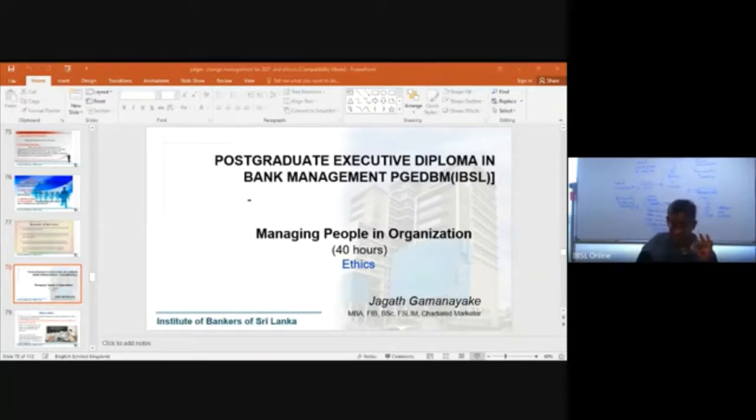Integrity, objectivity, professional competence and due care, confidentiality, and professional behavior. As a professional banker, you need to comply with these fundamental principles if you want to behave in an ethical manner, right?